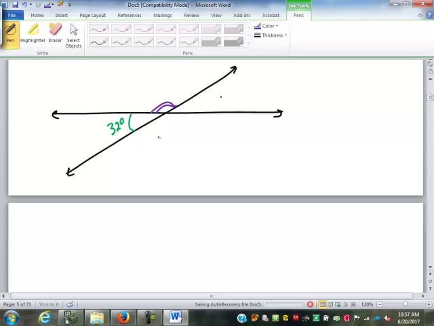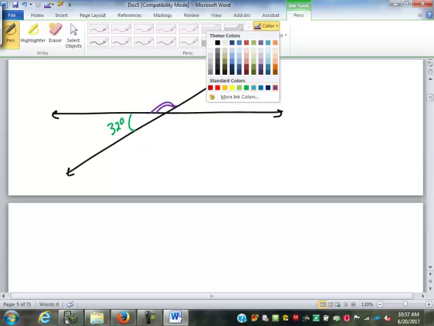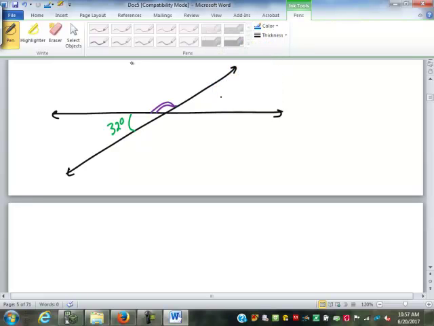What is it? Yeah, because you've got 32 from 180. Perfect. 180 minus 32 gives us 148 degrees. Because this is a line here, those two angles add up to a straight line. They're going to be supplementary. So that angle has to be 148 degrees.